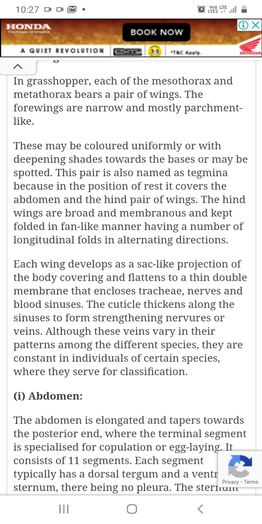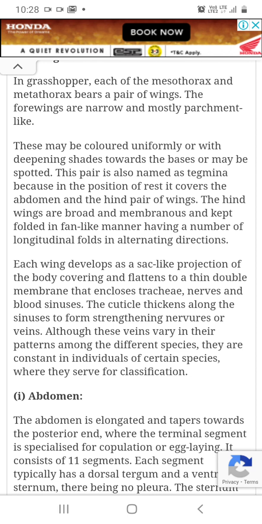It is also called the tegmina because it covers the abdomen and the hind pair of wings. The hind pair of wings are broad and membranous. They are folded in a fan-like manner, having a number of longitudinal folds in alternating direction.